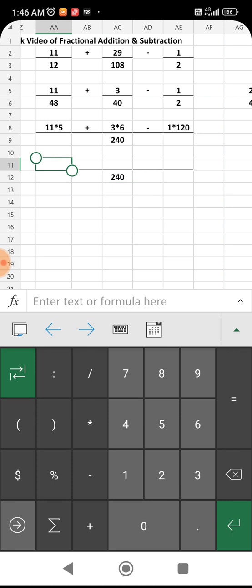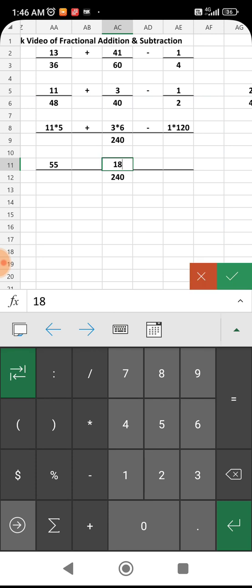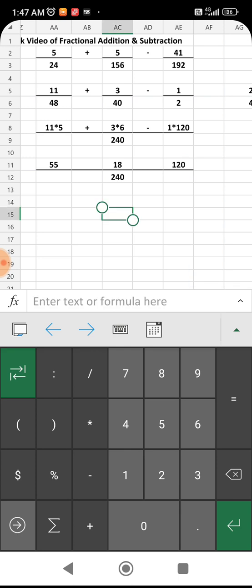Now it is 11 into 5, 55. 3 6s is 18. This is 120. Okay, this is plus and this is minus.